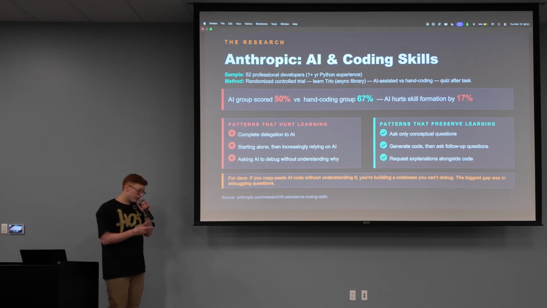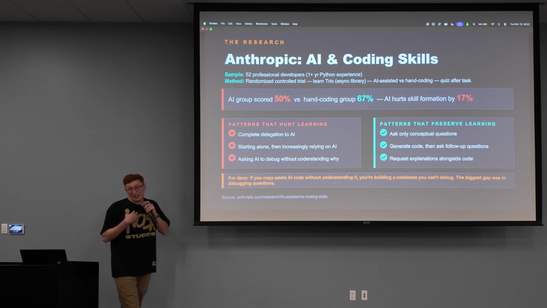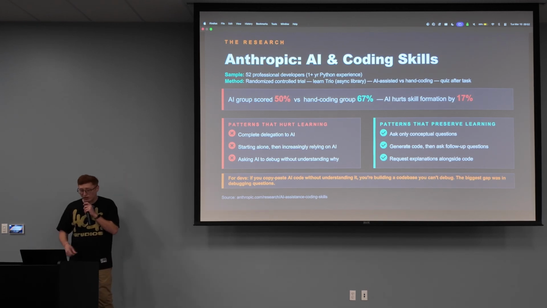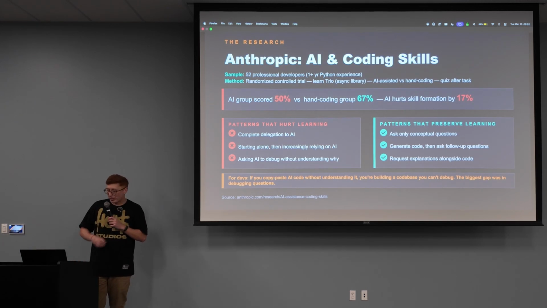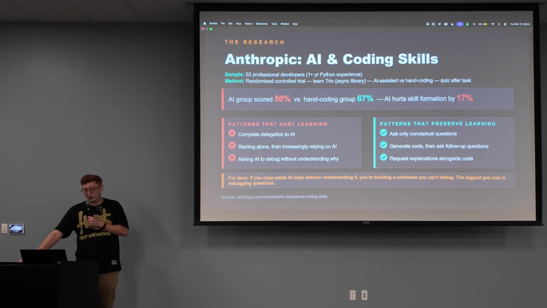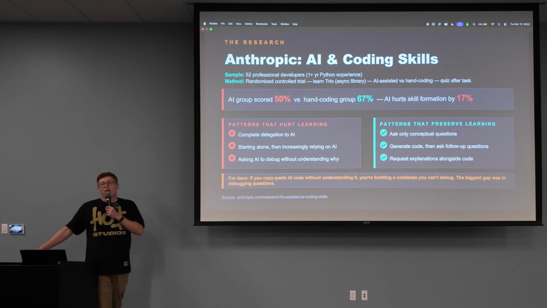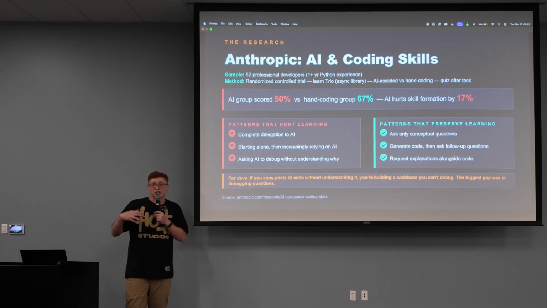I found 2 research papers and news from yesterday that I think are relevant to this talk. First, Anthropic did this AI study where they sampled 52 professional developers with 1+ year of Python experience. Basically, they investigated how AI is making you more stupid.